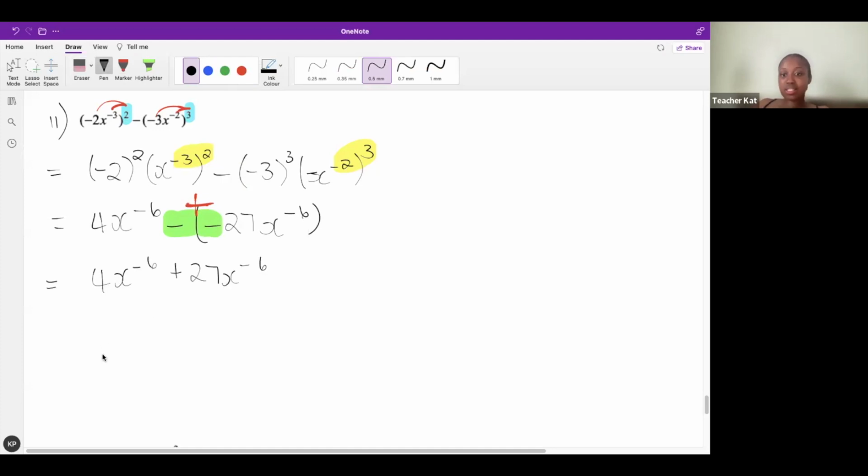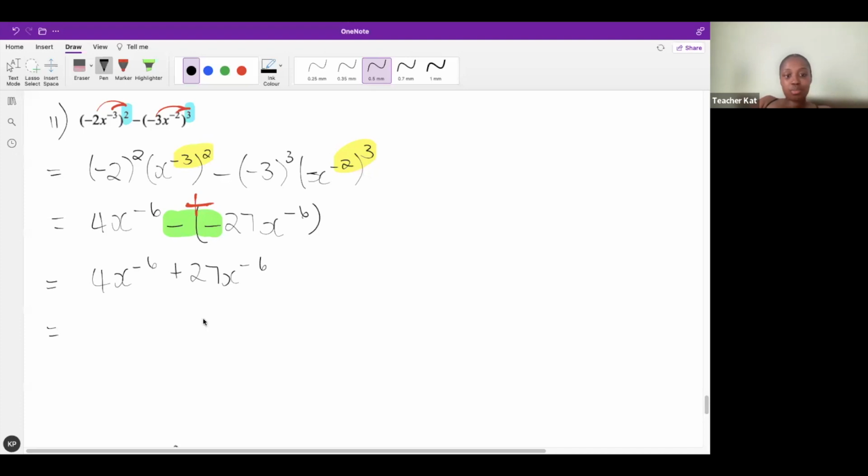Can we simplify this? Is it possible to simplify this? Yes. How? We can simplify because they are like terms. Beautiful. So we add the coefficients.